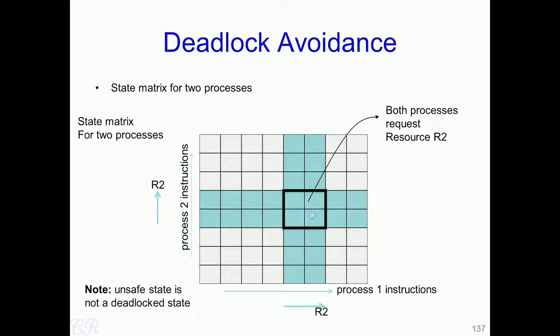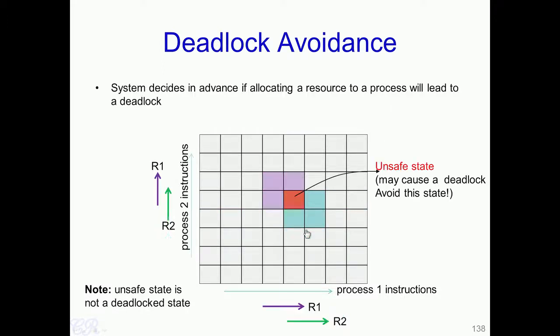Now, what we will see is the intersecting part of the R1 and R2 resources. So, if we actually intersect this graph with this graph, we get the points where both processes request R1, that is this purple part here, and this part is where both processes require R2, and the intersecting area is where both processes require both resources R1 and R2.